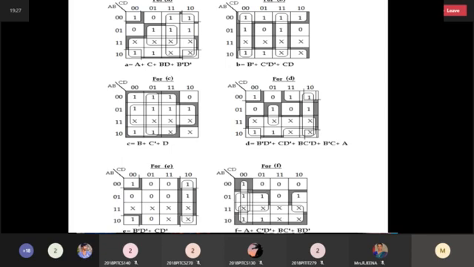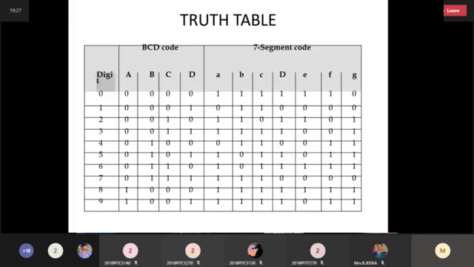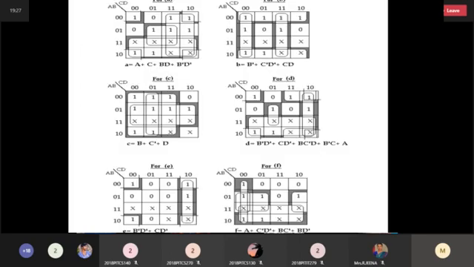Sorry. Here, see the first variable. What is the value for 1? A, B is 0 and C, D also 0. So A, B is 0 and C, D is 0, and this box is 1.